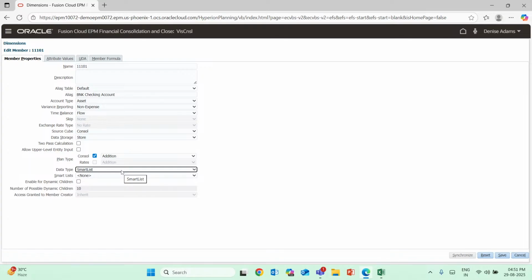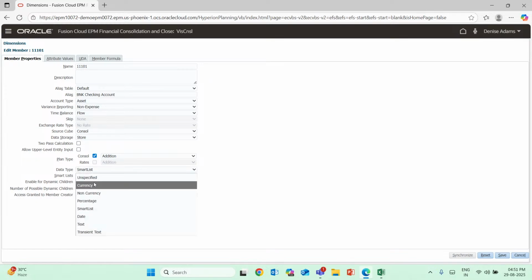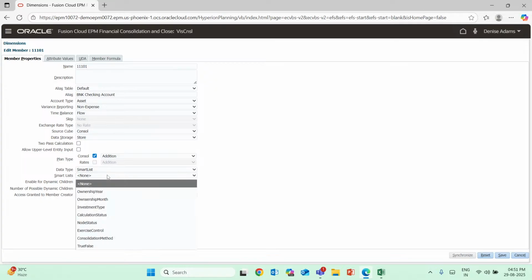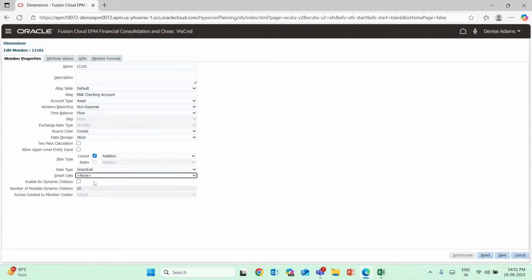This is currency, I'm talking about. So that's why this smart list is not enabled. If I make this data type a smart list, then it will get enabled, and we have to create a smart list and then attach it here.